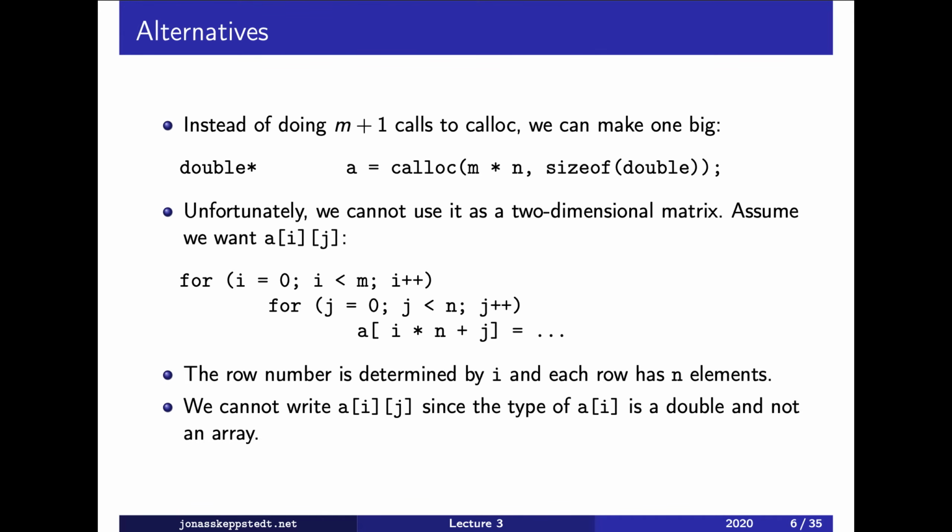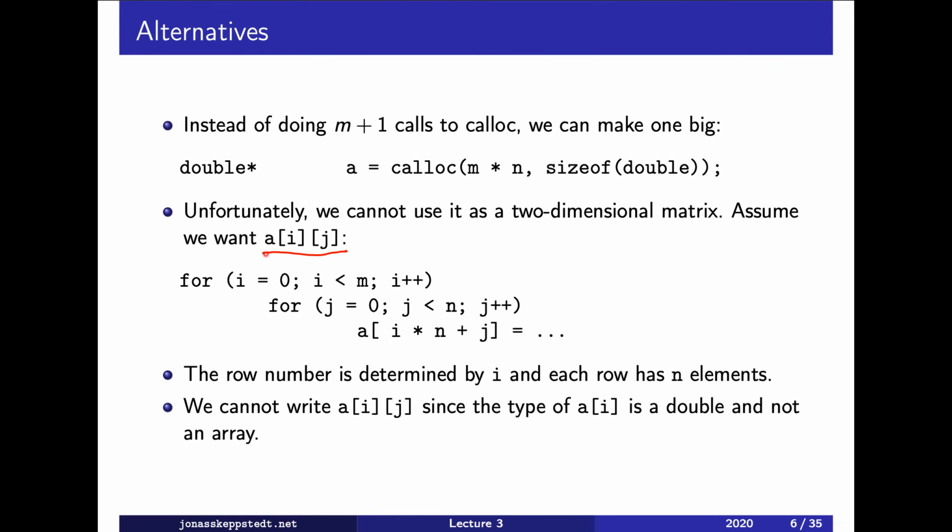And instead of calling calloc for each row and the initial array, we can use just one call to calloc. Okay, so we request all the elements at once, use only one pointer level, and then the element size, of course, is double. But now we can't write it like this.